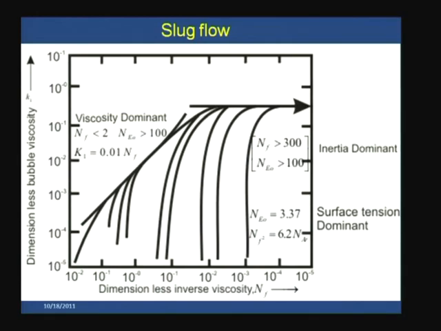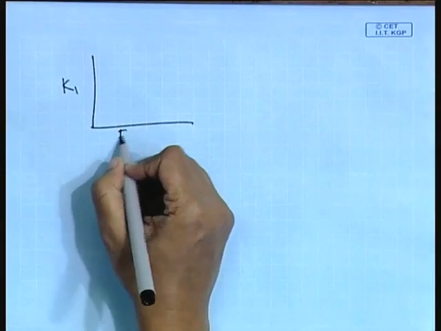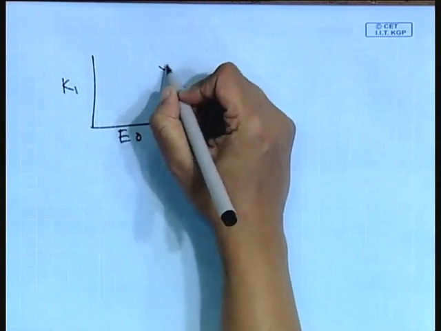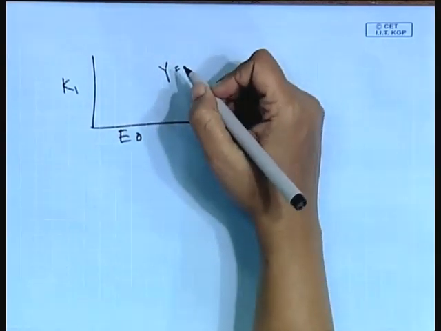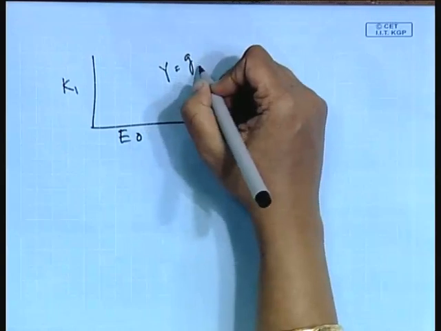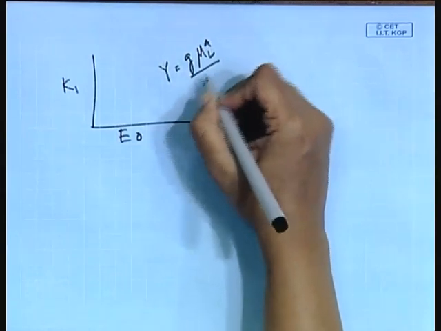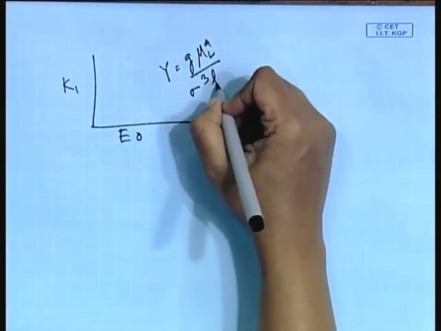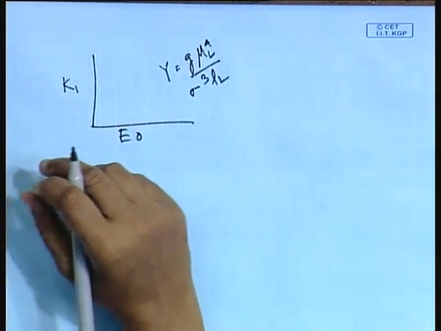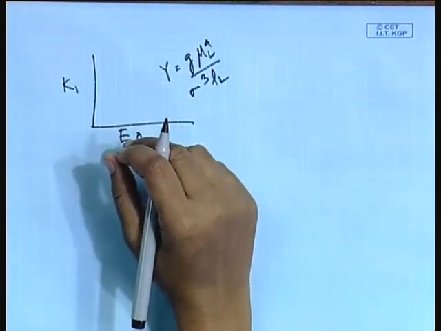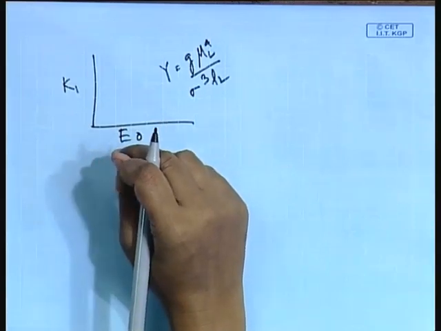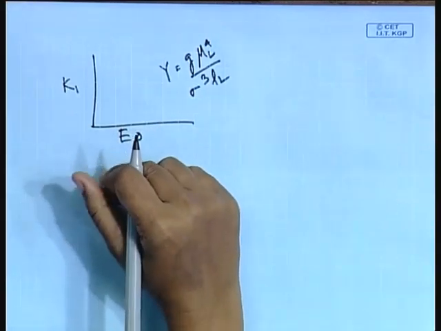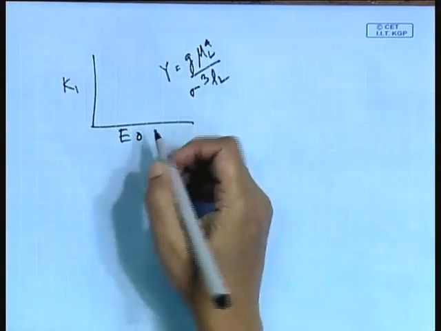Another very well known way of combining them is, again, the Froude number is always used, and that is plotted against the Eotvos number with a liquid parameter group Y as the parameter. It is g mu l to the power 4 by sigma cube rho l. So, these graphs have also been generated. In fact, these graphs are much more widely used as compared to the previous one, just because it is much more useful to use these graphs.